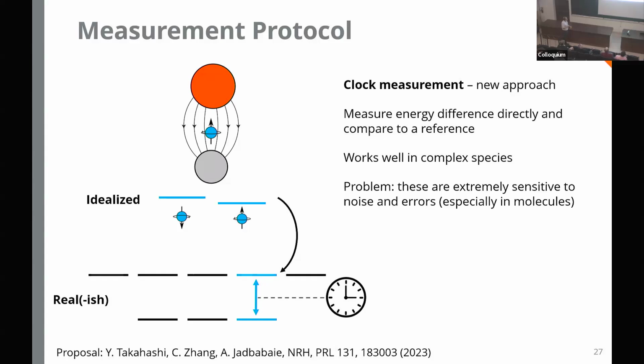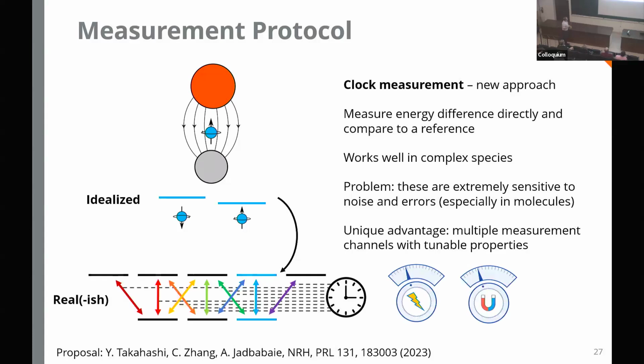There's a big problem to this approach, which is that these transitions in molecules, and molecules in general, are very sensitive to electromagnetic field noise and errors. So in order to make a good clock, you don't want something that's just picking up a bunch of noise from the environment. And this is especially a big problem in polar molecules with an unpaired electron, like these. But we can use some unique advantages of these molecules to make this a practical approach.